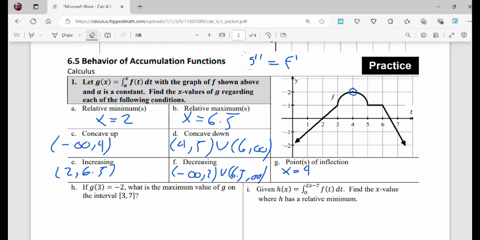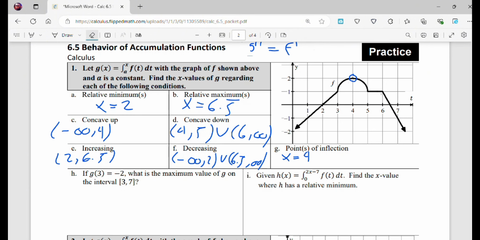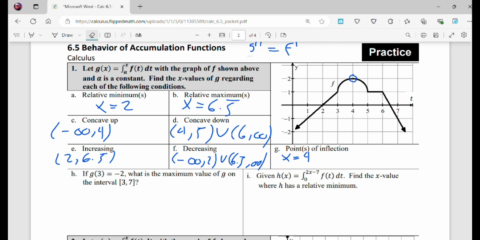Okay, if g of 3 equals negative 2, what is the maximum value of g on the interval 3 to 7? Well, we're given an initial condition: g of 3 equals negative 2. So it's really important to take note of from 3 to 7.